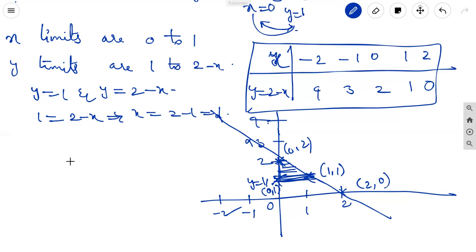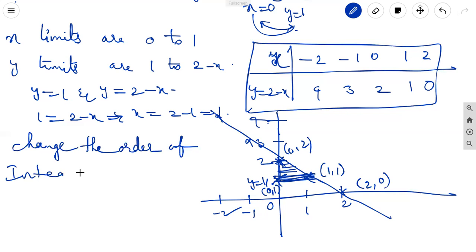From this, what are the y limits? In the above integration, y is expressed in terms of x, and x takes real values. In this change of the order of the integration, the y limits are real values, from 1 to 2.